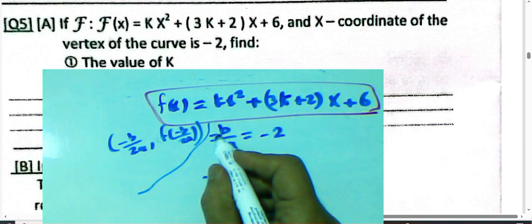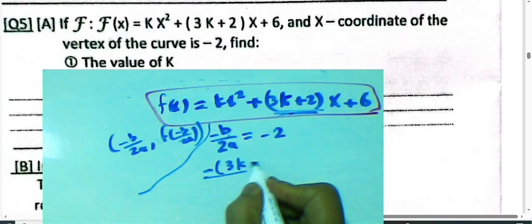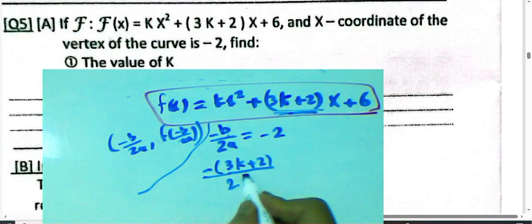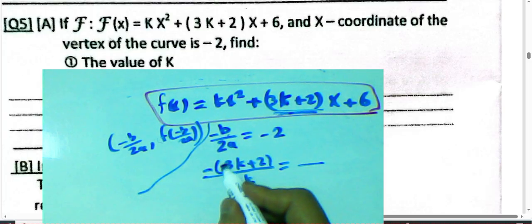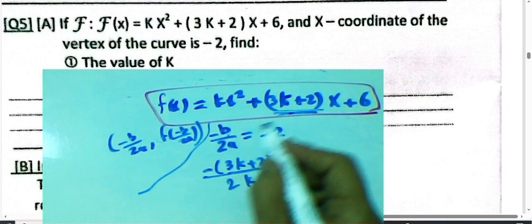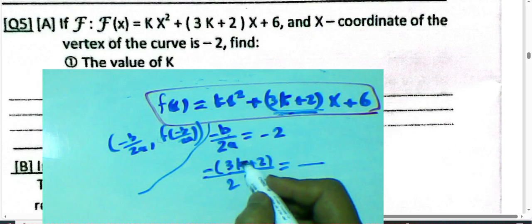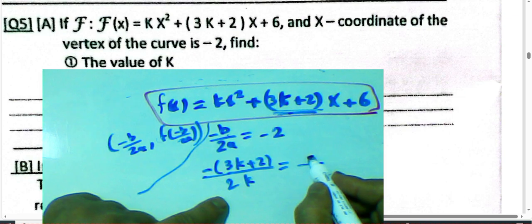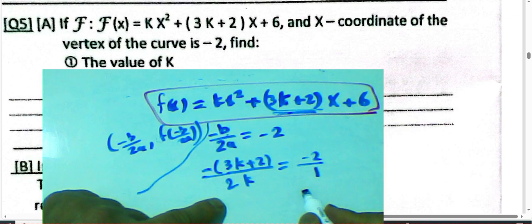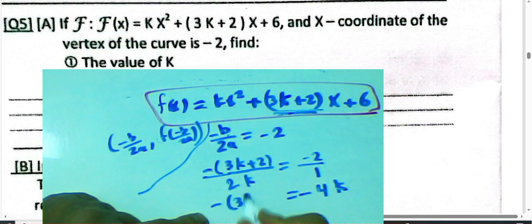We can write negative b, meaning the coefficient of x here, it will be negative (3k plus 2) over 2 product by a, here k, 2k. The result will be negative 2. Write 1, and the product between two numbers: negative 2 times 2 equals negative 4 and k, and here write negative (3k plus 2).